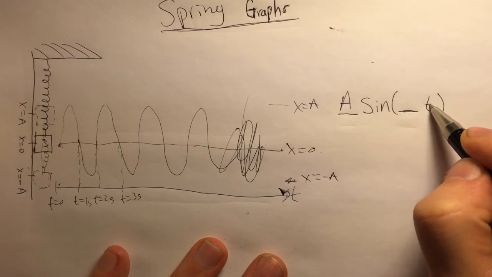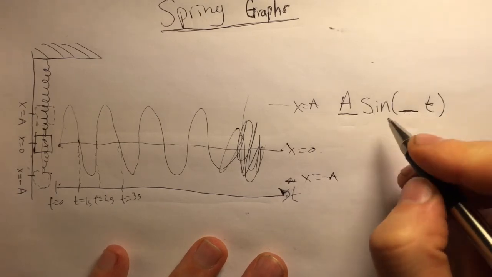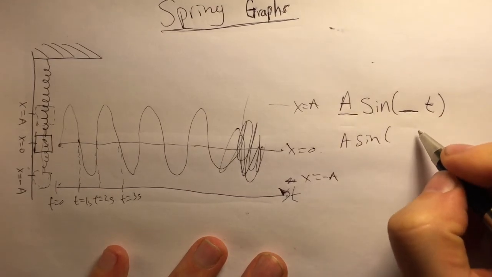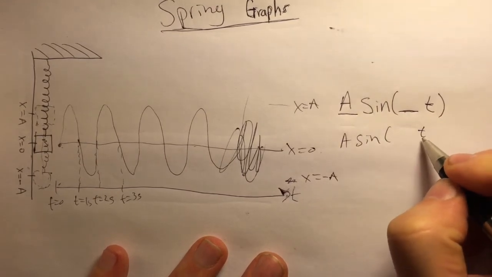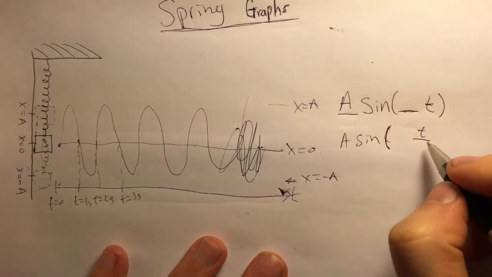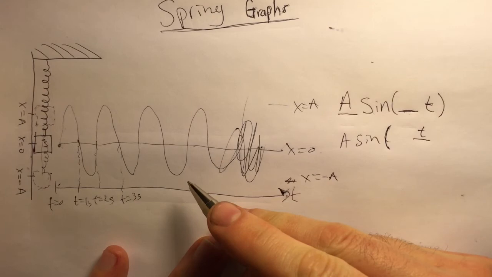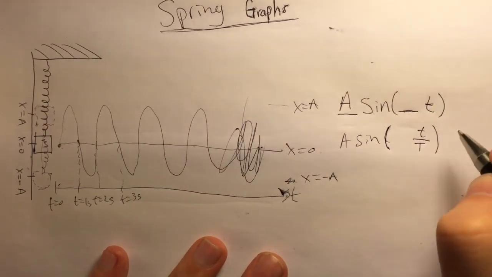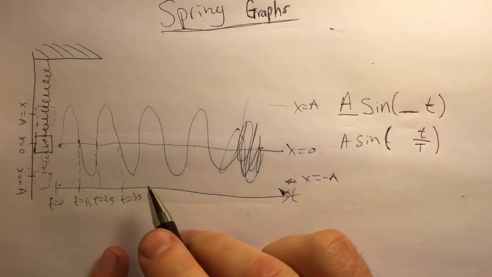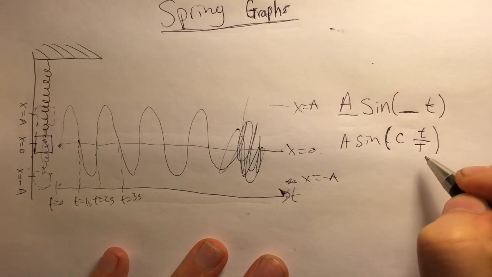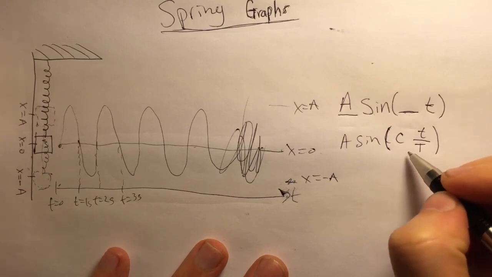So basically, we have time, but then we have to divide it by something else that has units of seconds, so the seconds cancel out. And what would that be? Well, it has to be the period, because that's the only time thing in a problem like this. And then we could still have some constant here.